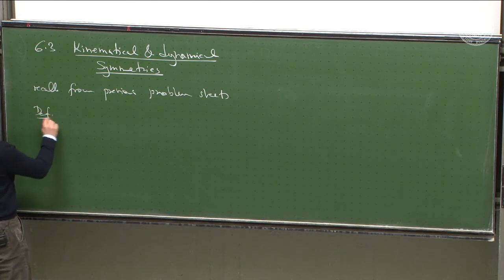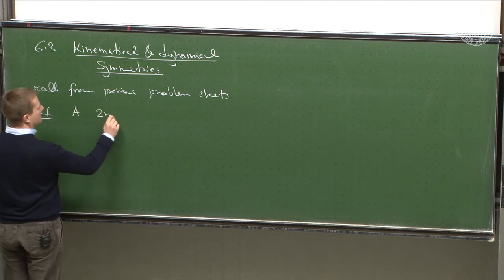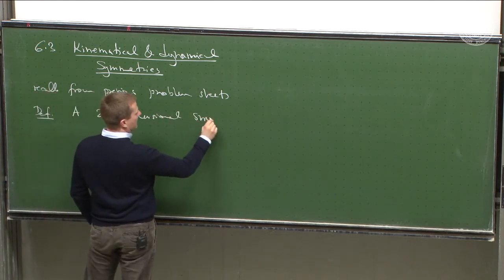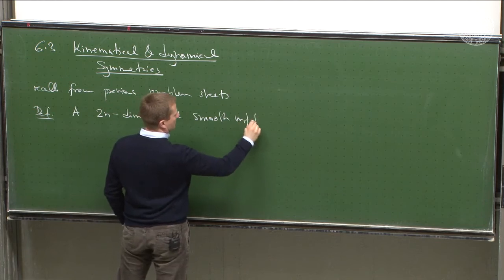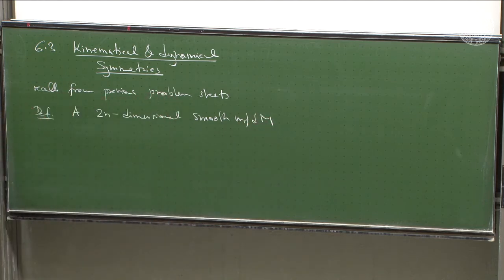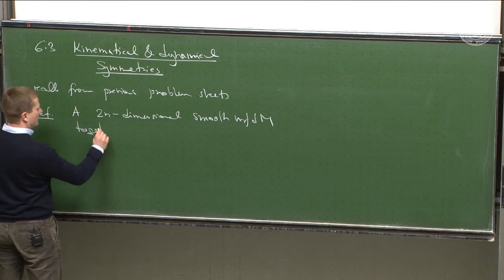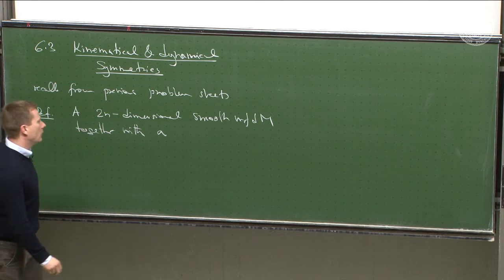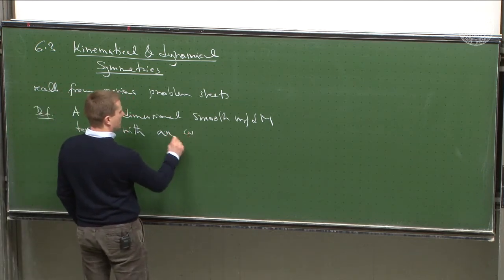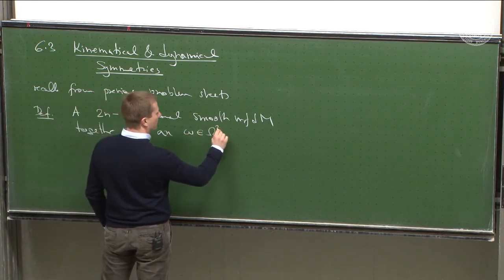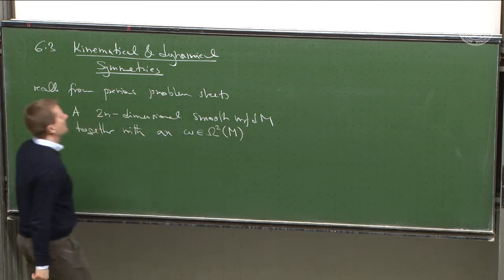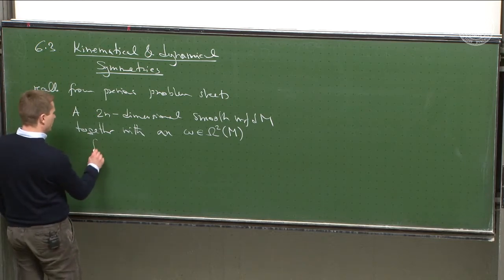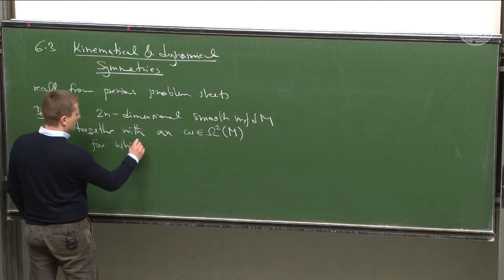So we have the definition of a 2n dimensional smooth manifold M, together with a two-form omega on this 2n dimensional smooth manifold, for which the following holds.